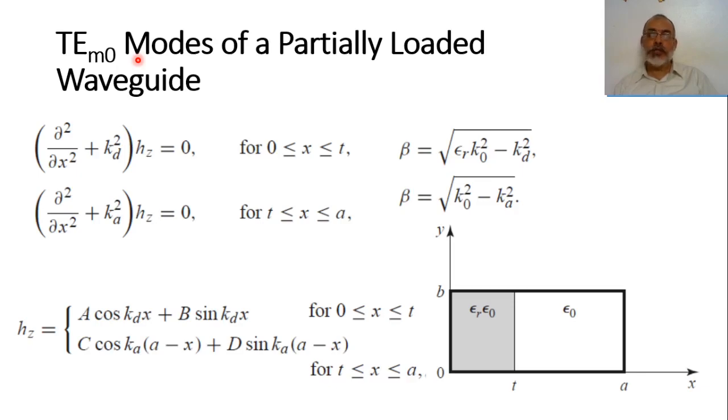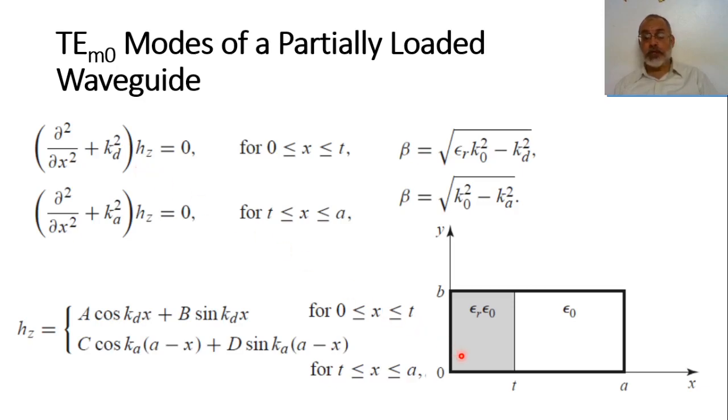Because there is no transverse magnetic m0 mode, we are limited to transverse electric. For the transverse electric m0 mode, we are looking for the magnetic field in the longitudinal direction, Hz.